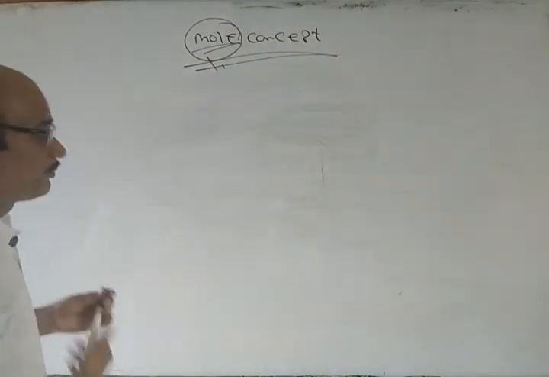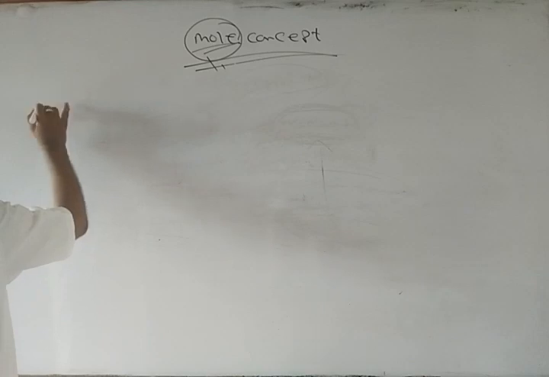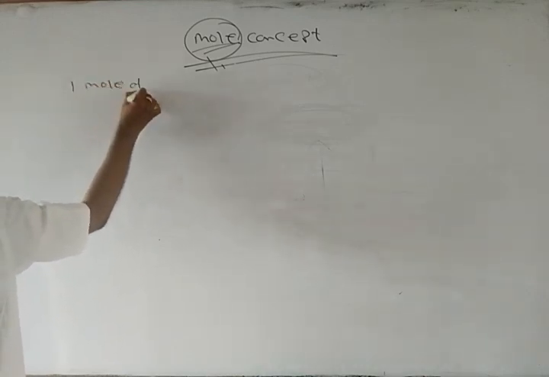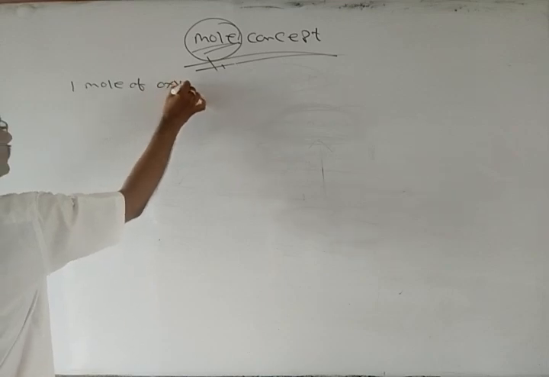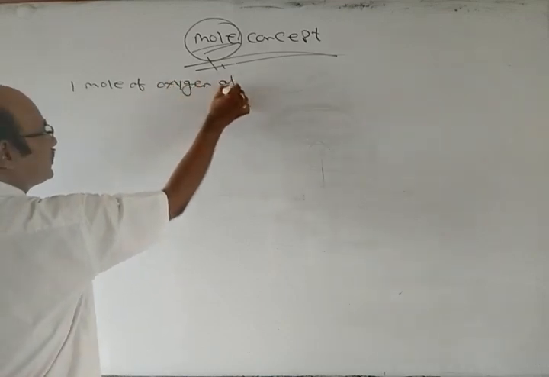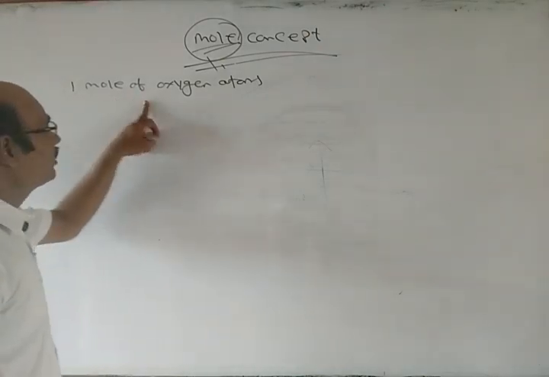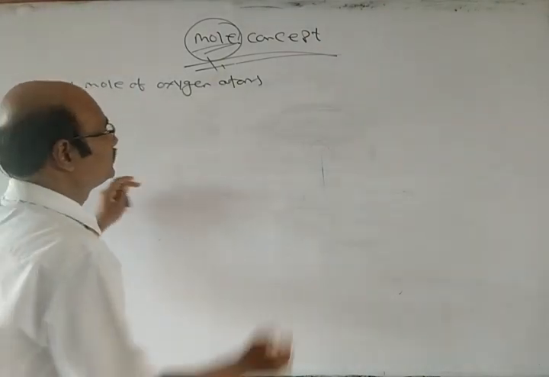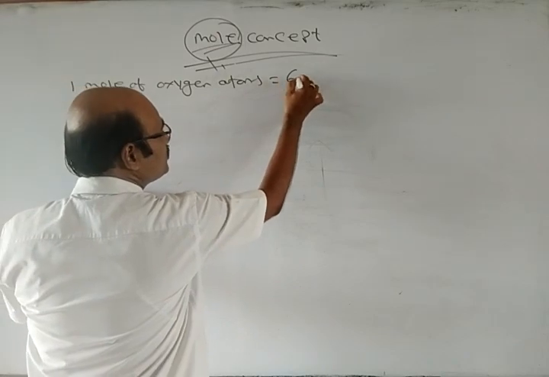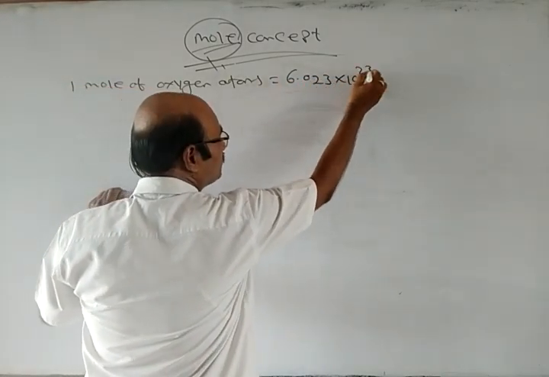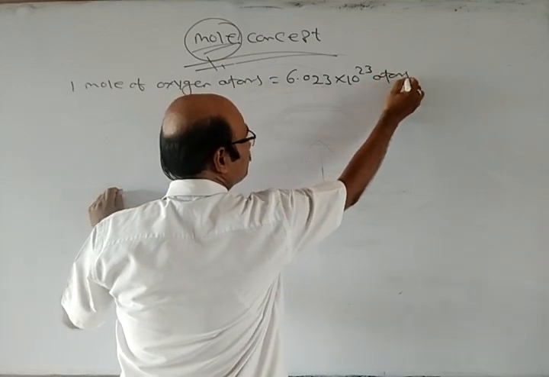Now for example, if I write 1 mole of oxygen atoms is equal to what? 6.023 into 10 power 23 atoms of oxygen.